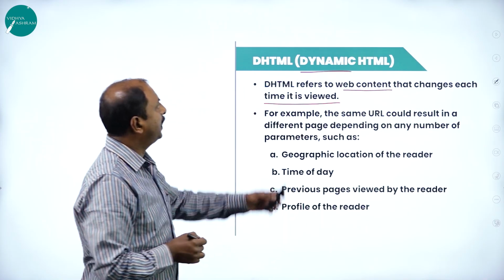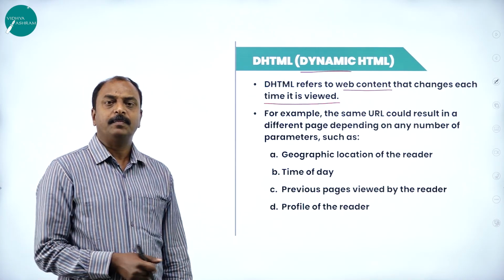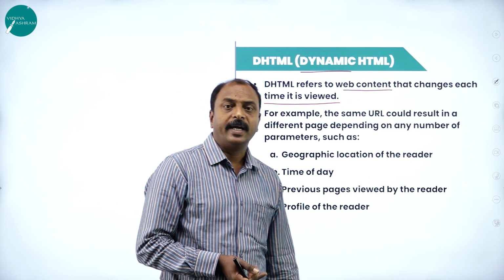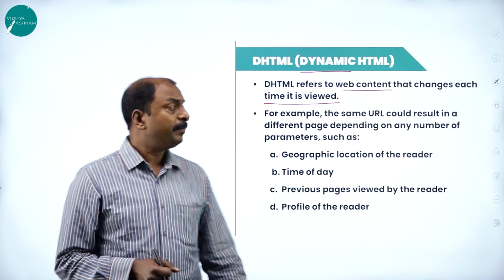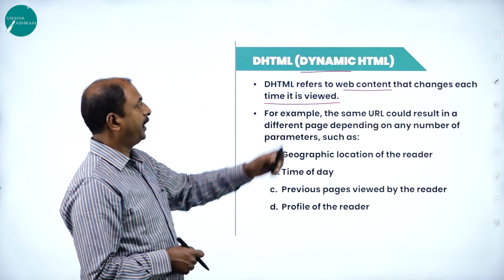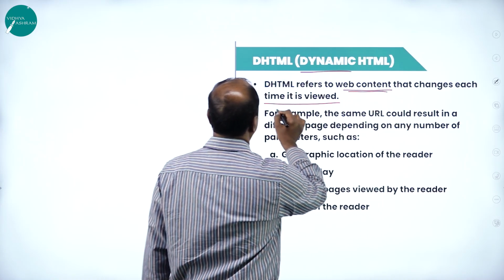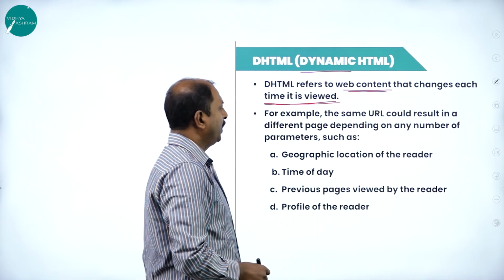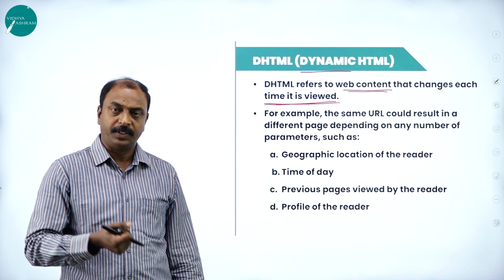So this is dynamic HTML. Dynamic means it keeps changing, and the opposite of dynamic is a static website. The dynamic website refers to web content that changes each time it is viewed. See, a very good example. You might have come across some examples in your day-to-day work.